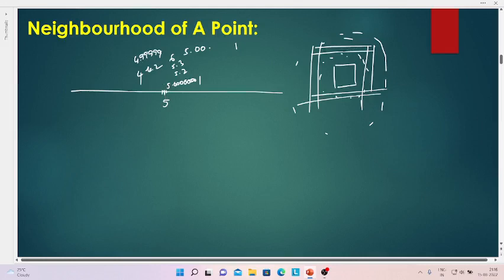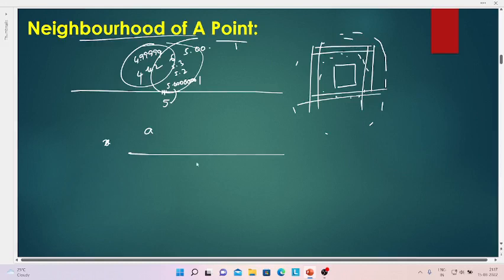So these are the values which are actually the neighborhood of 5, I mean the very closest values of 5. I have already discussed this. So suppose you have a as a point on the real line. Then the neighborhood of the point is actually the closest values of a, which are called the neighborhood of a, right?